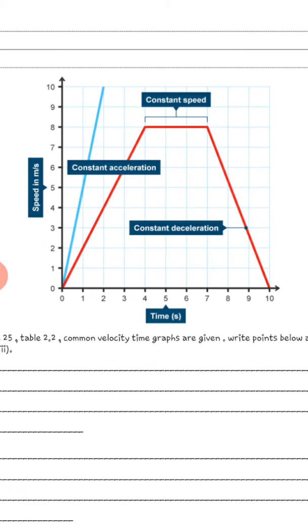So when the line is horizontal, it's basically constant speed. That speed is not changing. The car is moving, but the speed is not changing. Or you can say it is covering the distance uniformly.